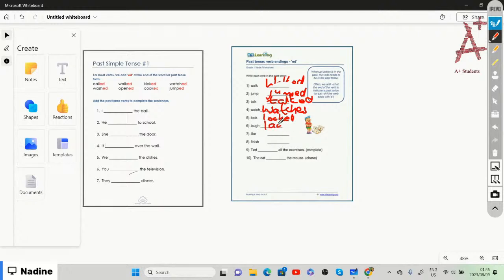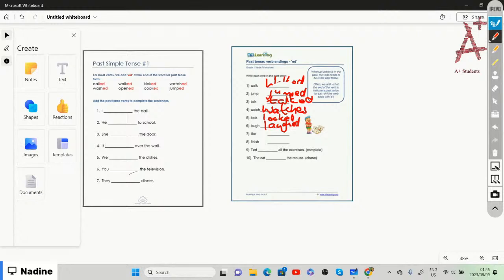Laugh, laughed. And then we have like, liked, finished. And then we have completed and we have chased. So those are words in the past tense.